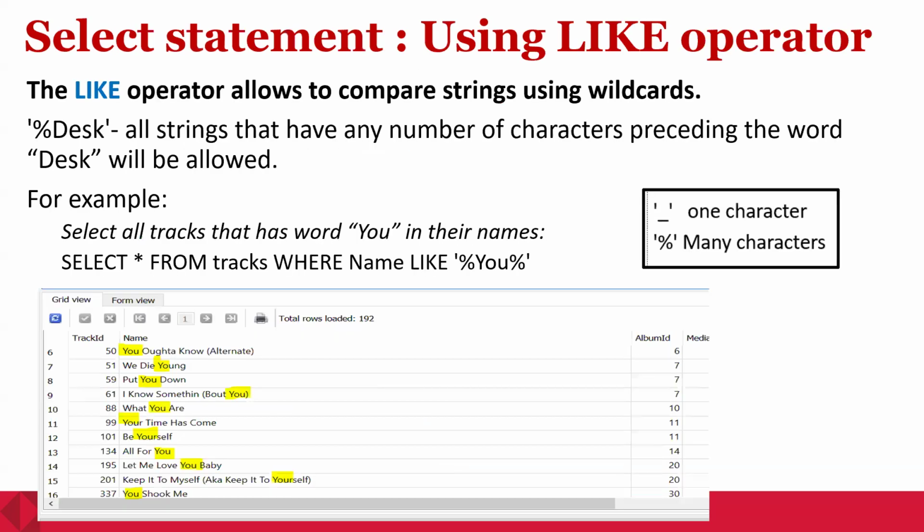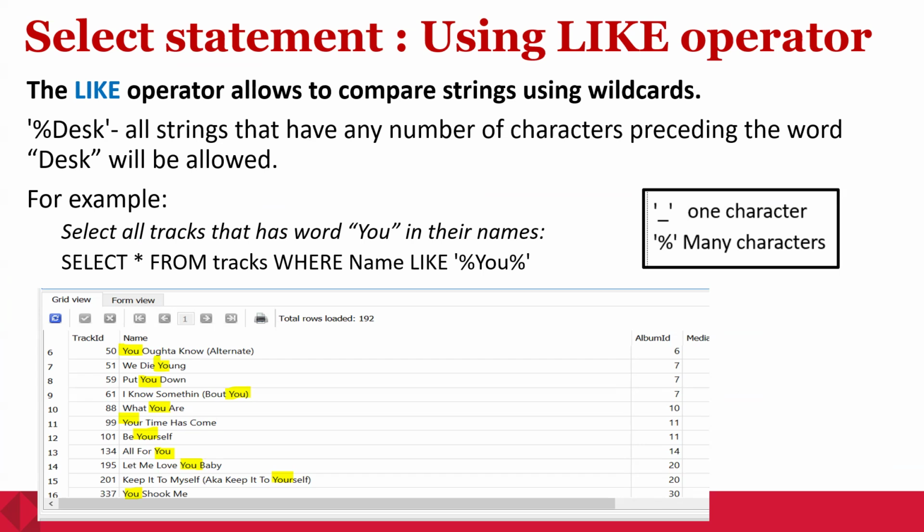There's also the like operator. The like operator compares strings using wildcards, so you can pretty much compare anything you want in a string. With the like operator, a percent sign represents many characters, and an underscore represents one character.